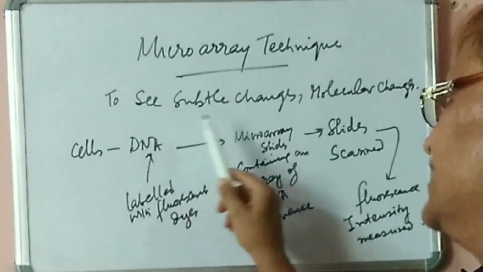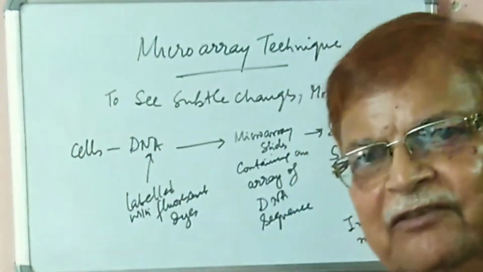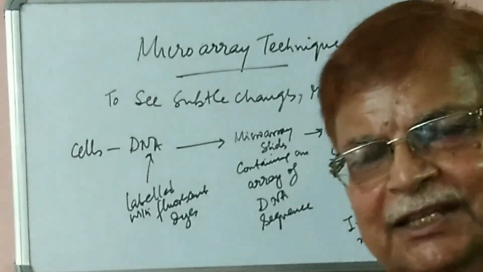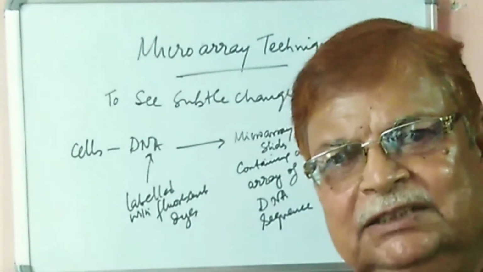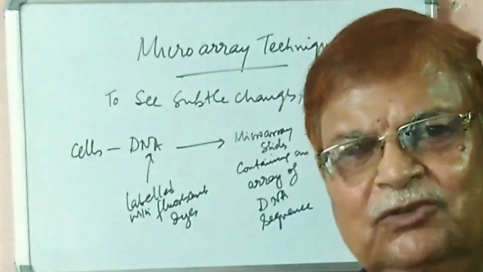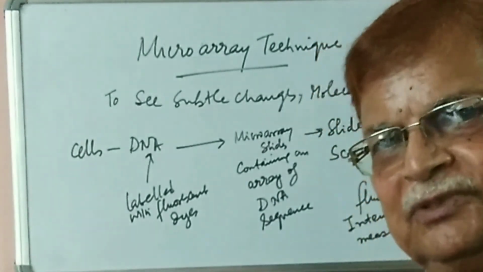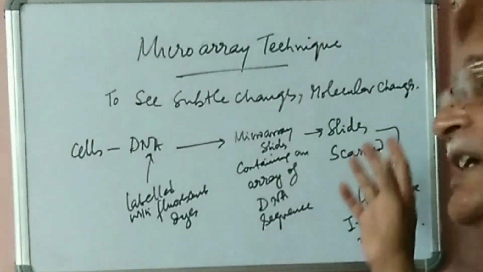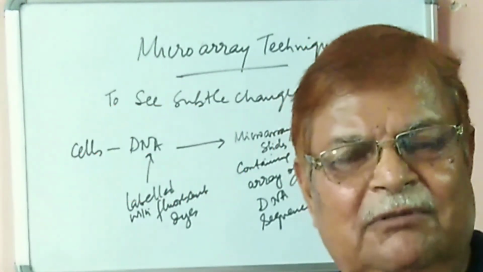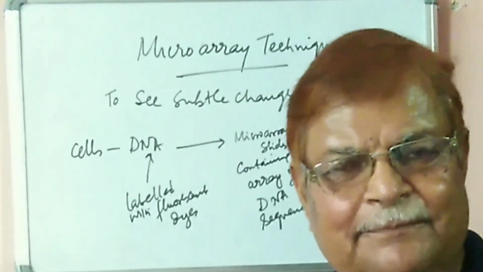Finally, the DNA samples are loaded into the microarray slides, where the wells already contain the array of DNA sequence, and then there is interaction with the newly added cells' DNA sequence as well as the already existing DNA sequence, the whole genome that is there in the wells. Then the slides are scanned and the fluorescence intensity is quantified. Molecular level can be ascertained by this microarray technique.